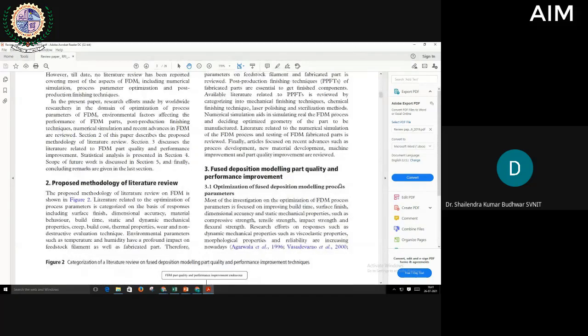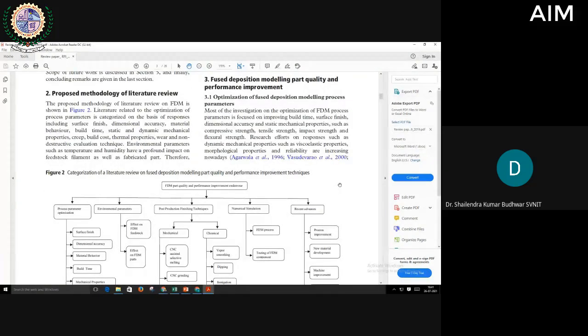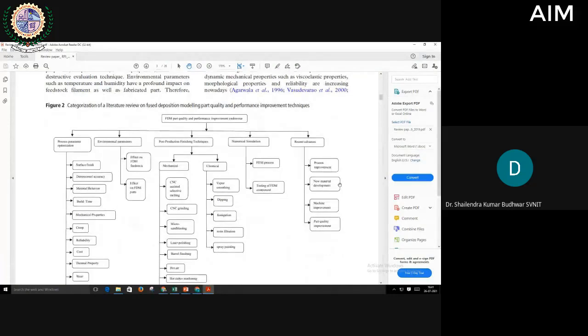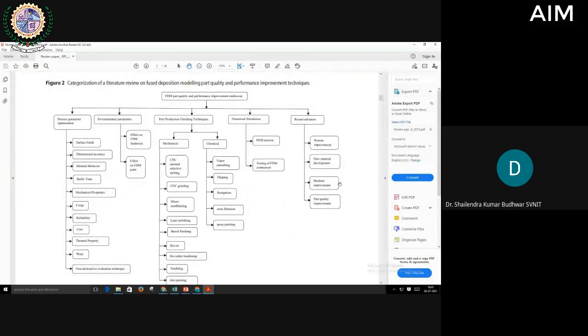So we have reviewed around 211 papers, and our review was based on these categories: process parameter optimization, environmental parameters, post-production finishing techniques, numerical simulation, and then recent advances in the form of process improvement, new material development, machine improvement, and part quality improvement.